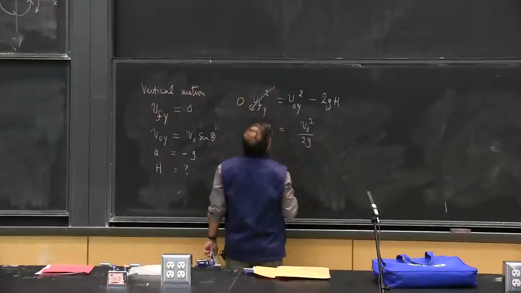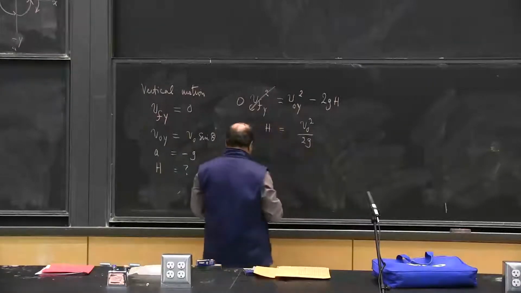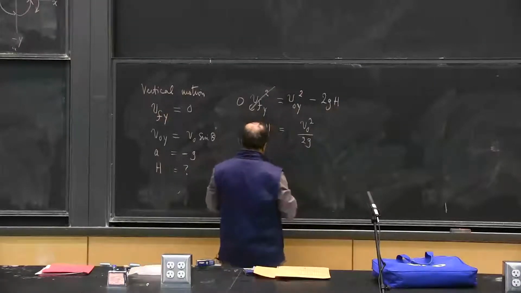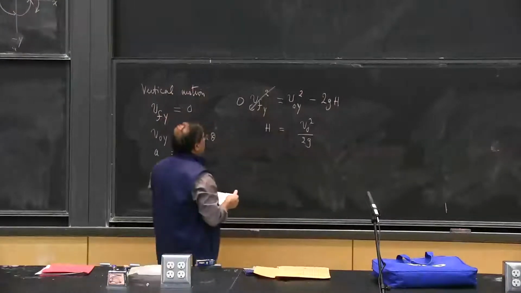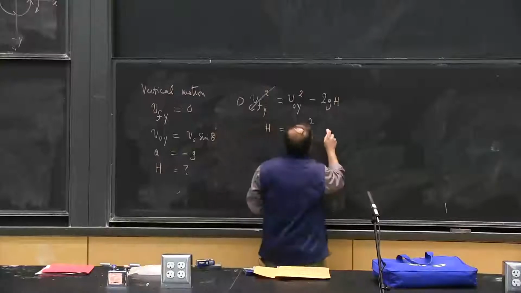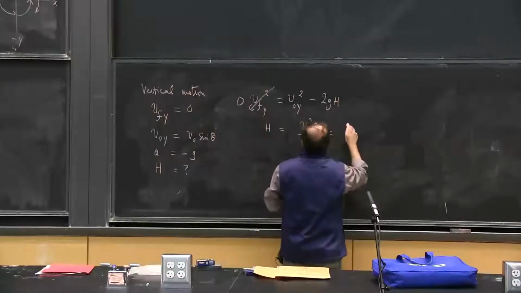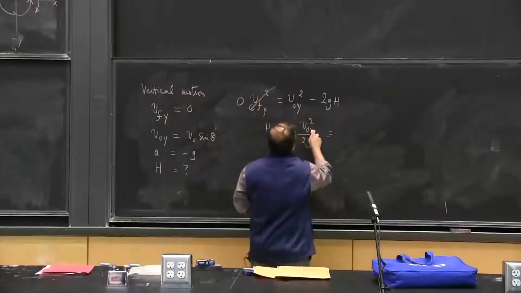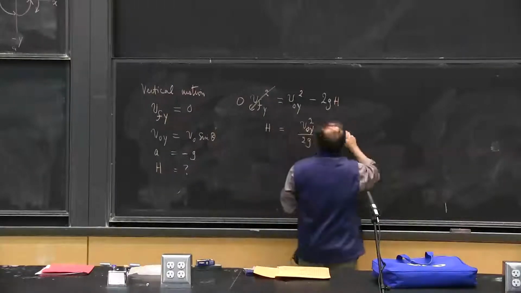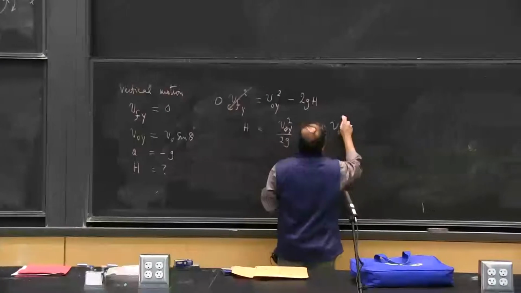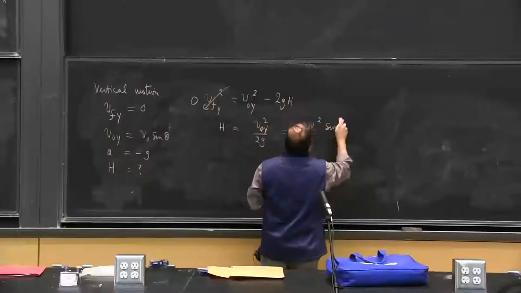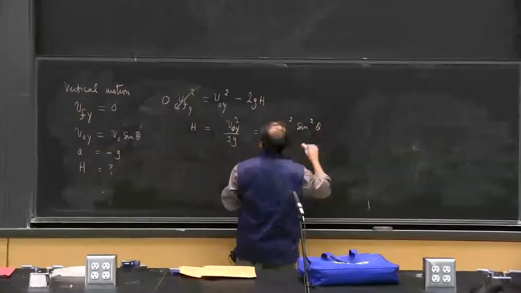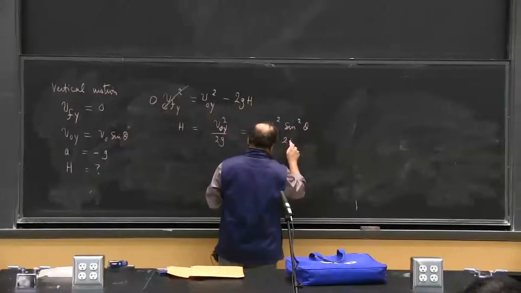And that must be my height, right? Since v0y squared is going to be v0 squared sine squared theta, h is v0 squared sine squared theta over 2g.